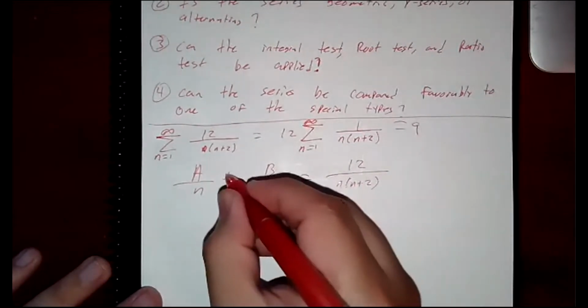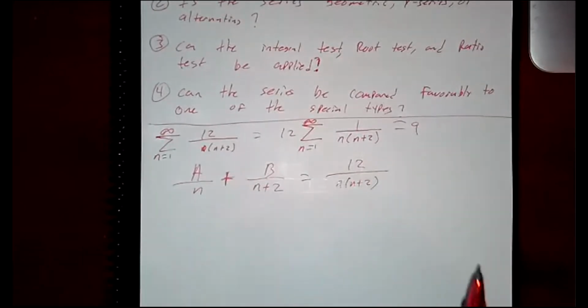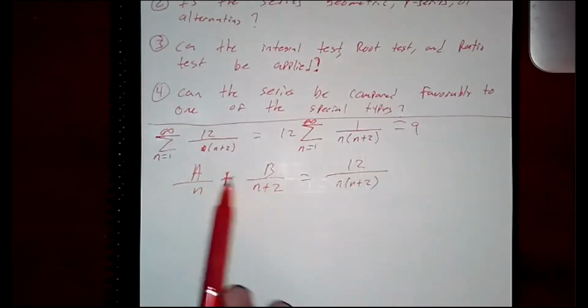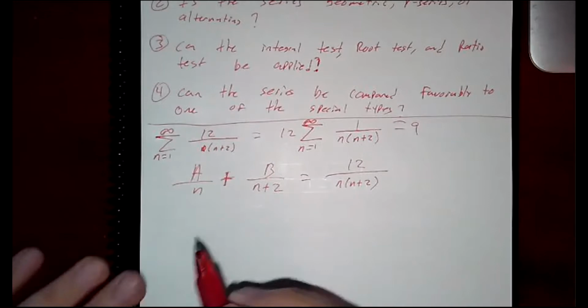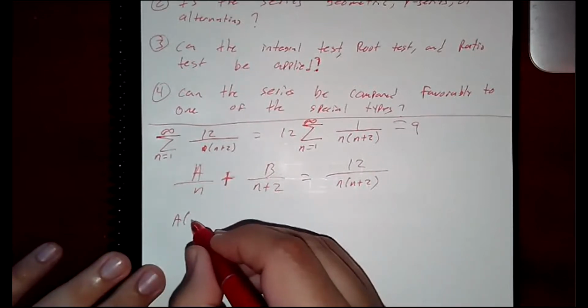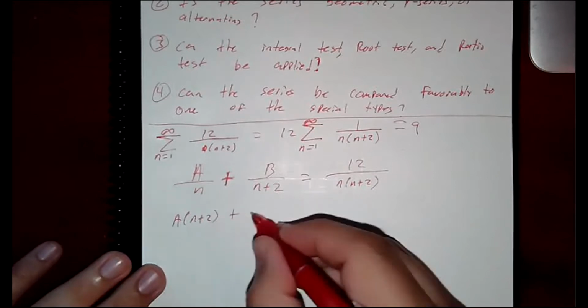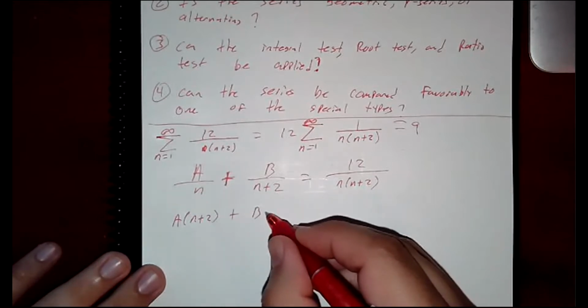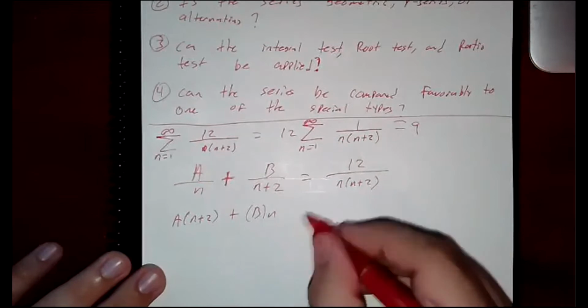Well, we don't know what A and B are yet. It could be minus. So you have to find the numbers first. So solve for A and B. We'll end up with A times (n plus 2) plus B times n, right? Equal to 12.